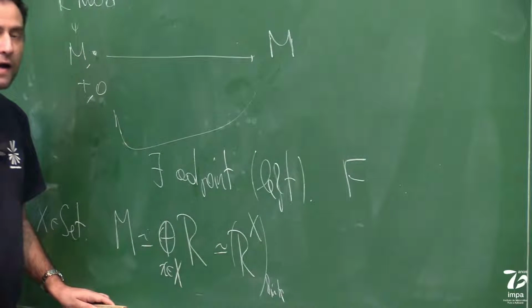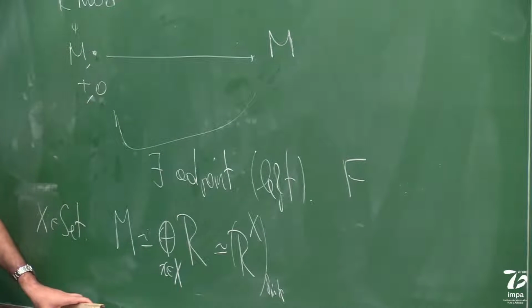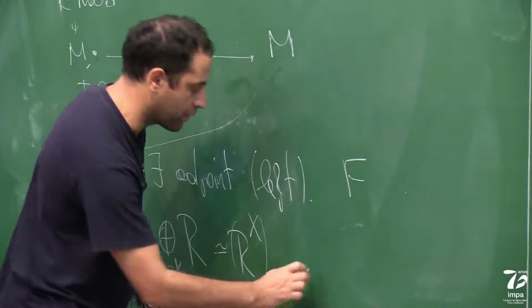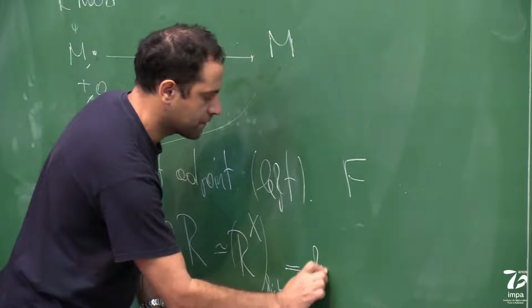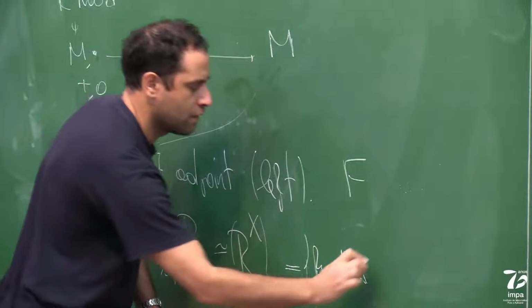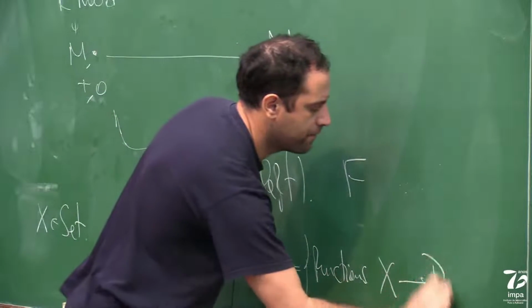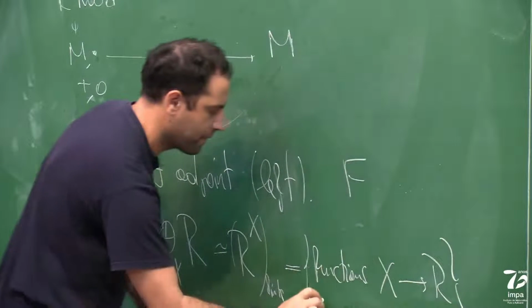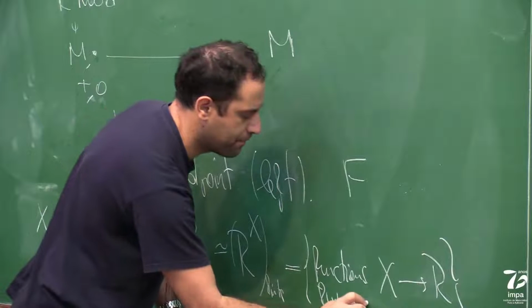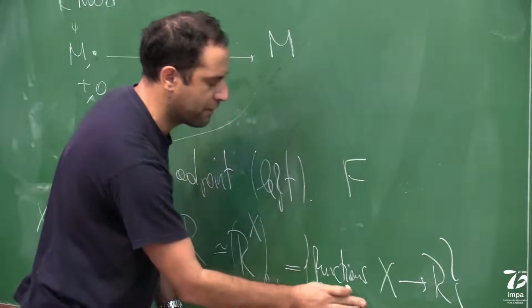So this is a set of functions from X to R that are compactly supported, or with finite support. Functions from X to R such that f of x is equal to 0 in all but finitely many x.